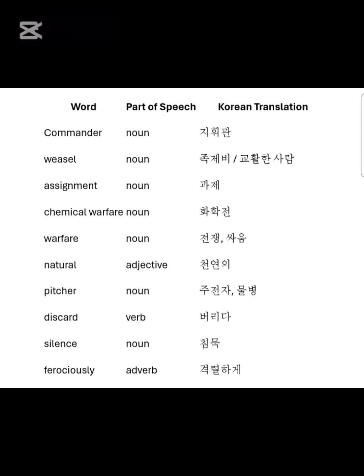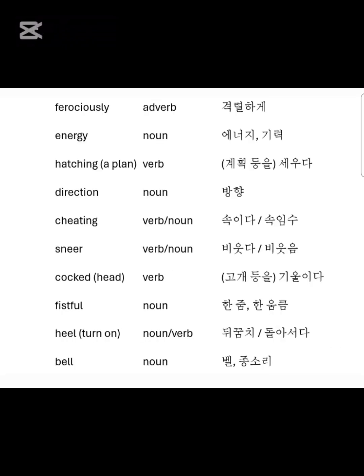Chemical warfare. Oh, geez. How are they having chemical warfare in a lemonade stand? Warfare, noun. Natural, adjective. Pitcher, noun. Discard, verb. Silence, noun. Ferociously, adjective. They fought ferociously. Energy, noun. Hatching a plan, verb.